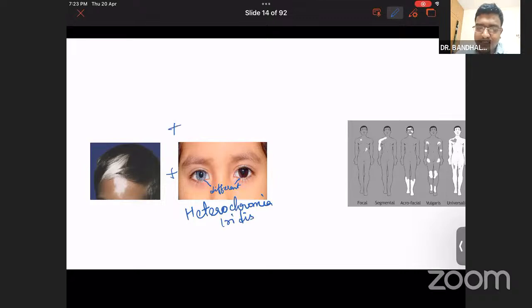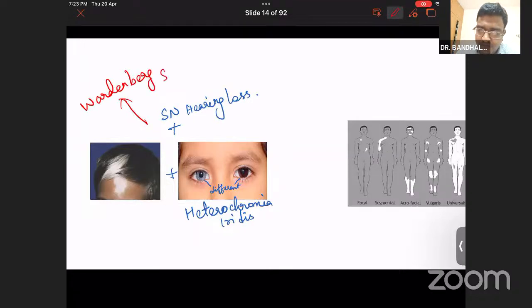Along with it, the patient is having sensorineural hearing loss, which makes up a syndrome known as Waardenburg syndrome. That you should remember. Okay, this triad.